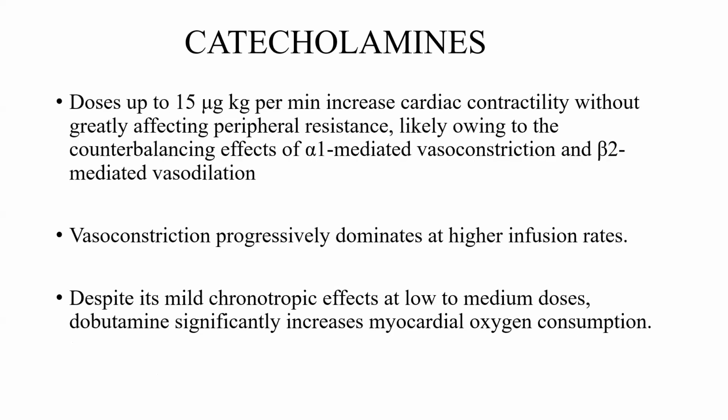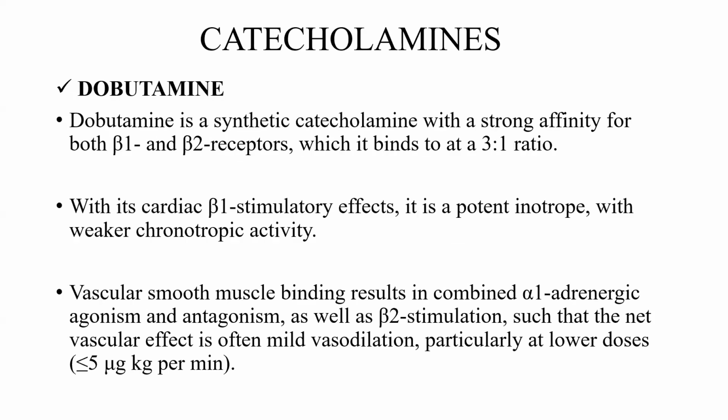Dobutamine is probably one of the first choices, or drug of choice, and cuts across a lot of indications when treating shock. Dobutamine is a synthetic catecholamine, and it tends to have a strong affinity for beta 1 and beta 2 receptors with mild involvement of your alpha 1 receptors.